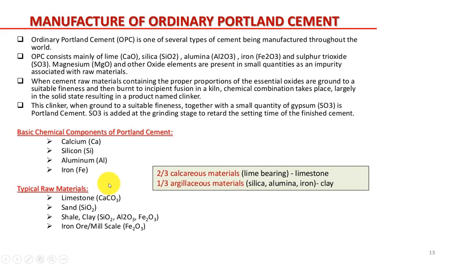The typical raw materials we use are basically calcareous and argillaceous materials. Two-thirds calcareous material, around 40 to 60% of the calcium-rich material, is added alongside one-third argillaceous material, which contains the silica, alumina, and iron, so that it can be preheated and subjected to heating in the kiln, so that the clinker is formed.